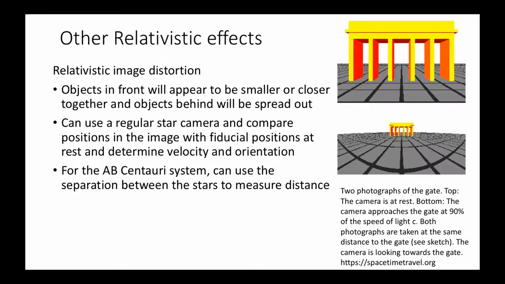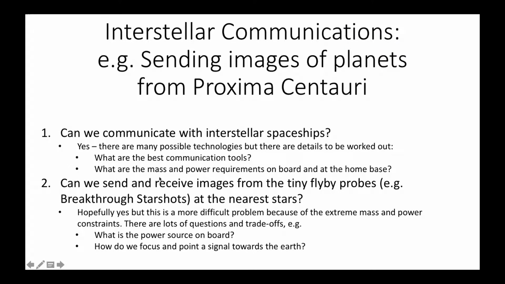And so if you're traveling at 20% the speed of light, then this would be a measurable distortion, and you could just take a star camera and know where the position of the stars should be relative to each other, and then measure their relative offsets or shifts in positions, and you could use that to tell which direction you're going. All right, so that's the navigation part.